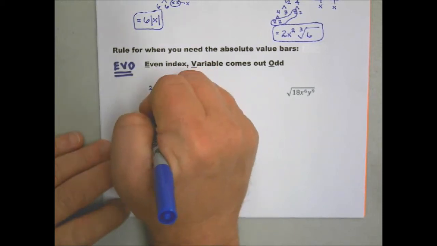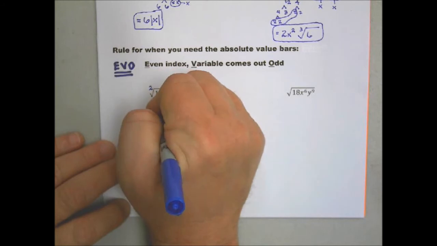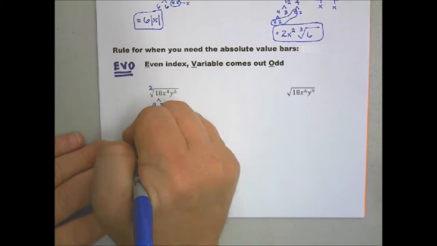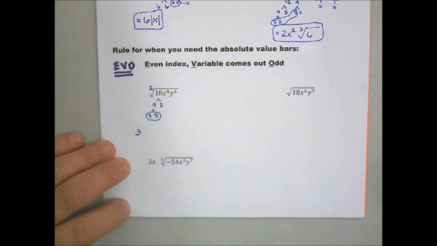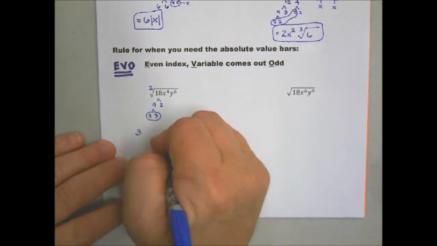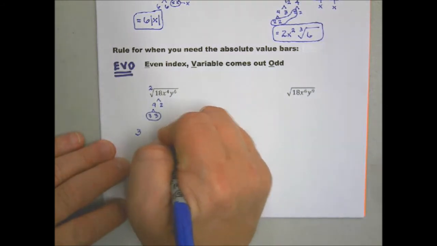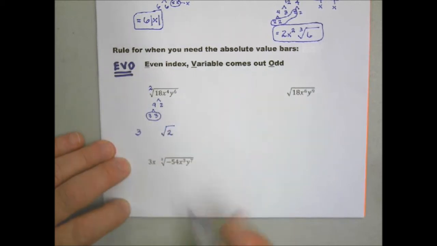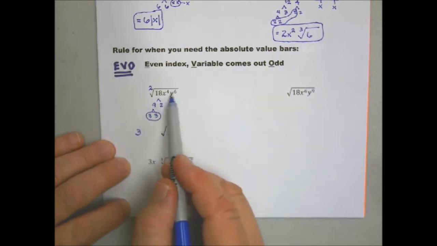So let's deal with 18 first. 18 is 9 times 2. 9 is 3 times 3. So we know we have the 3 that came out. Let's leave some space, and then we know that a square root 2 stayed in. So that takes care of the 18.